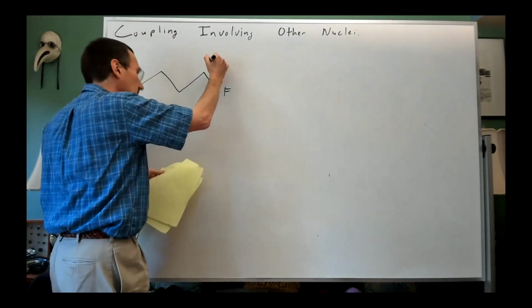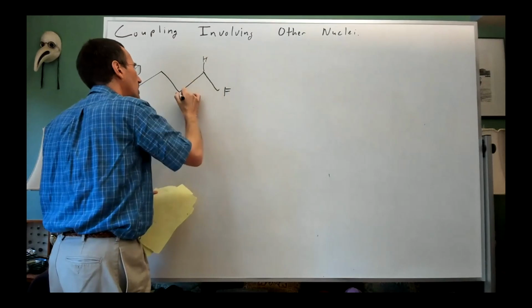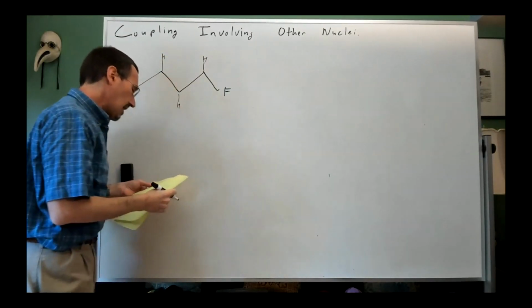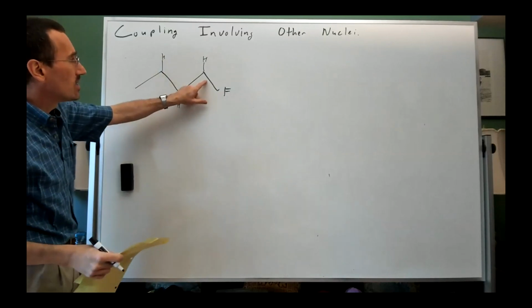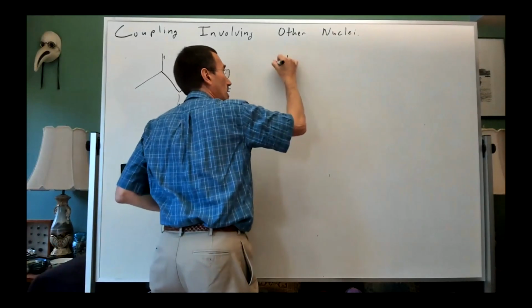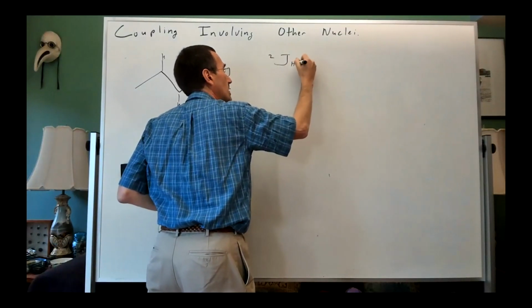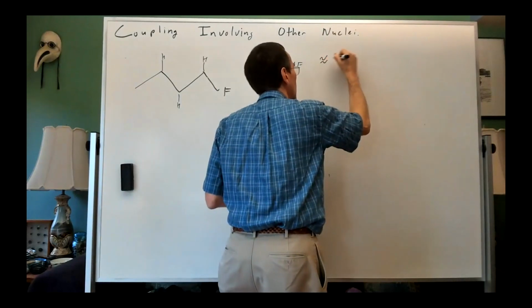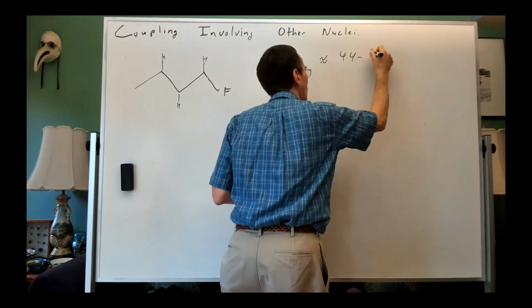So if we consider hydrogens here, and hydrogens here, this would be a 2-bond hydrogen-fluorine coupling, J2HF. Those are big, really, really big. Let's say 44 to 81.